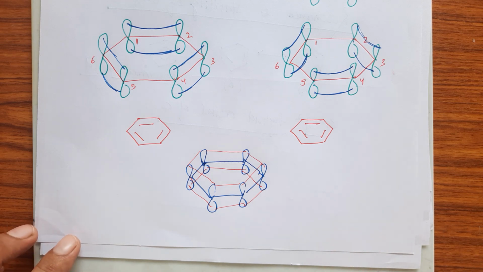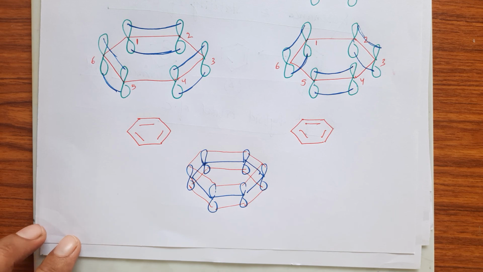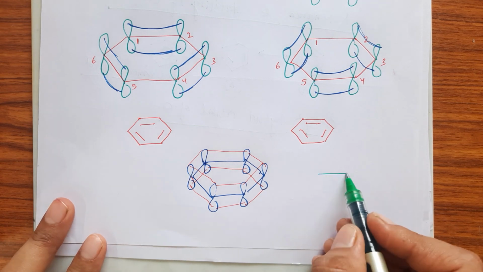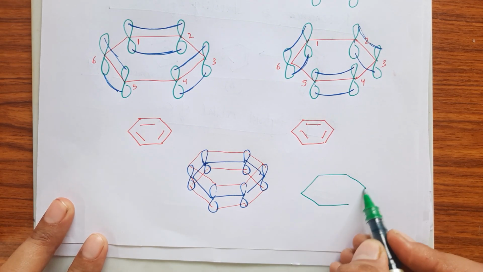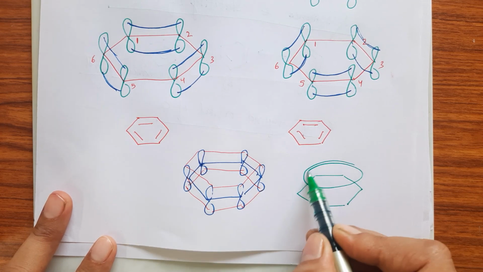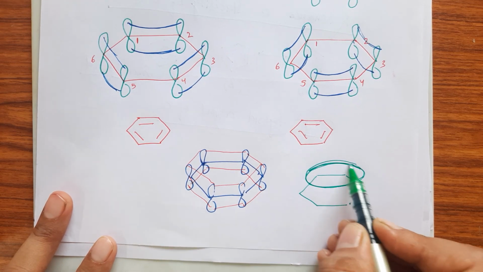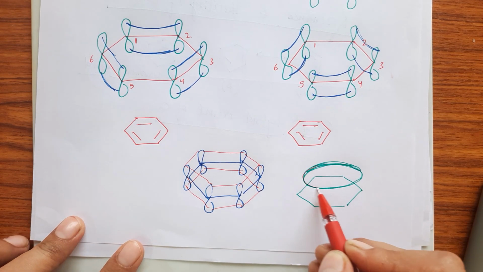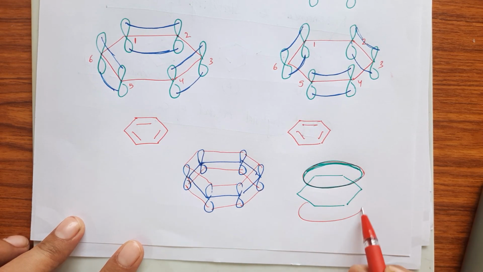That means there is presence of electron clouds, one above and one below the plane of the hexagonal ring. That means we can show it in this form. This is the hexagonal ring, the cycle, and this is the ring of electron clouds, right? This is the electron cloud, one above and one below.